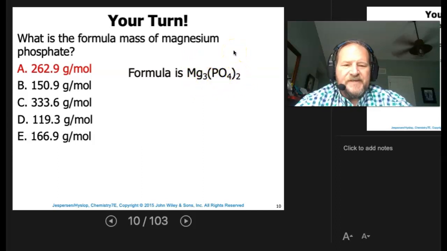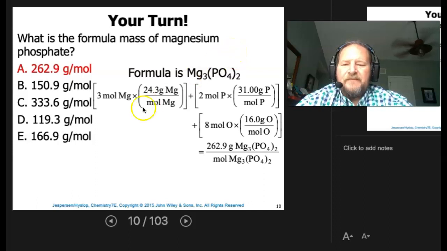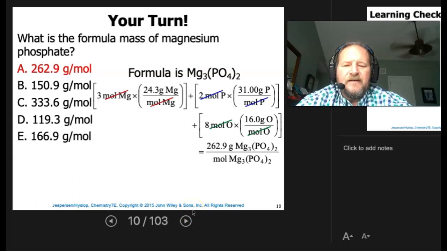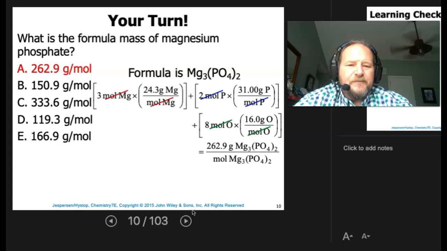After that, we'll go through the same process where we have 3 moles of magnesium, periodic table value is 24.3, 2 moles of phosphorus, don't forget this subscript 2 here on the outside of the parenthesis multiplies by the understood 1, also by the 4 to give us our 8 oxygens. We then multiply all that out, so our moles will cancel out here, here, and here. We end up with grams per mole of magnesium phosphate at 262.9.